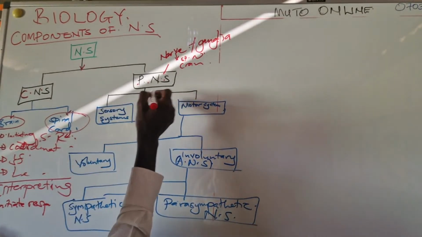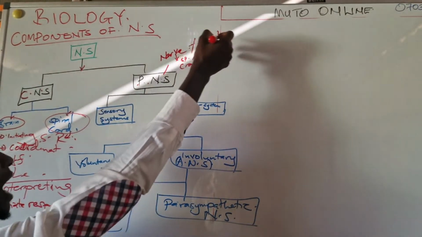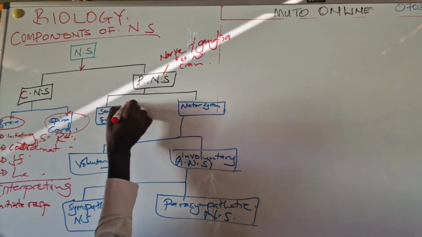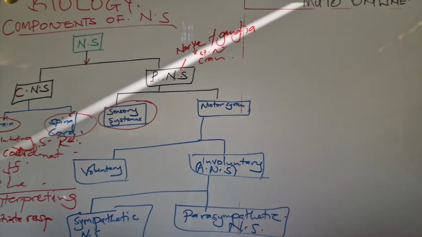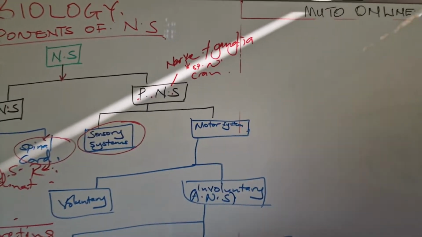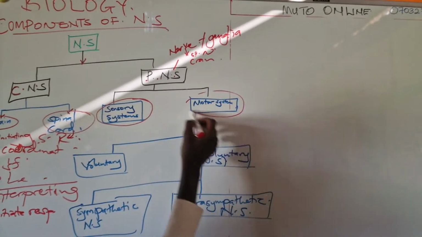These nerves may be serving a sensory purpose. That's why we shall have the sensory system of the nerves and the motor system of the nerves.